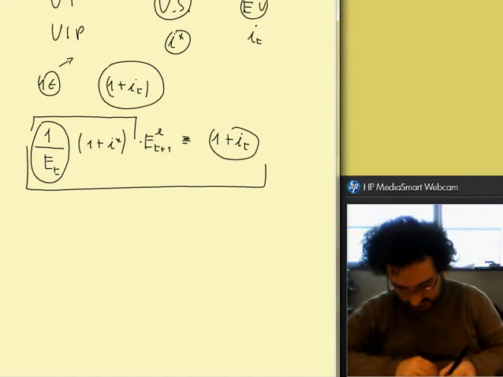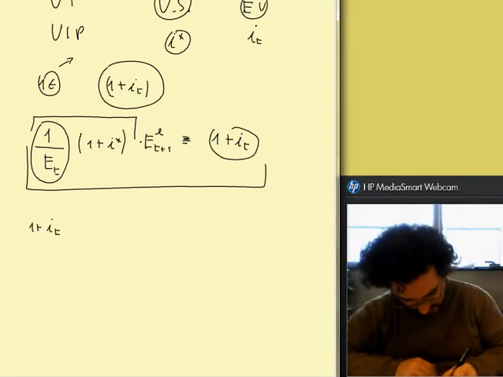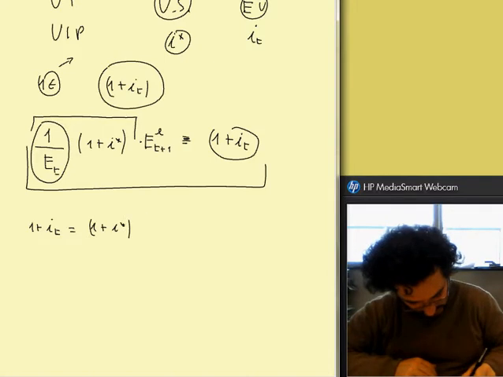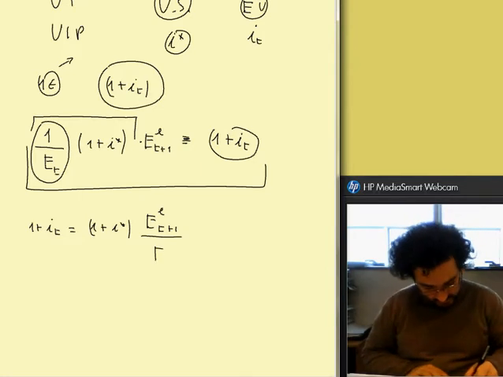In particular, this can be written as 1 plus IT equal to 1 plus I star, which multiplies the expectation for the exchange rate at time t plus 1 divided by the exchange rate at time t.